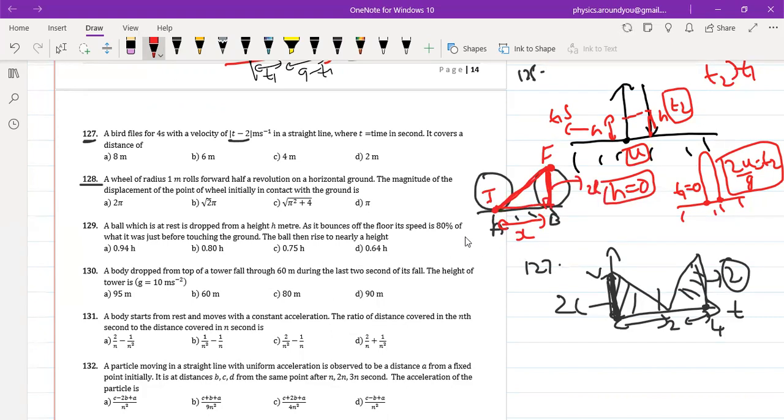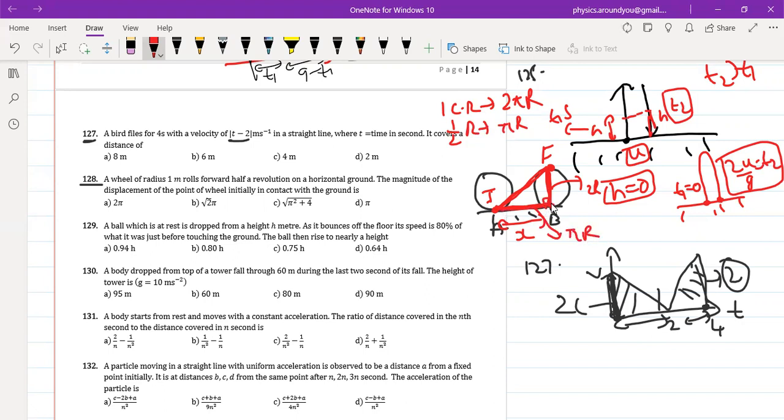Well, we know this. For one complete revolution, the distance traveled by the center is the circumference, 2 pi r. So for half a revolution, how much will it go? It will go exactly half of it, which is pi r. So the distance traveled by the center in half a revolution, or the base, is pi r.